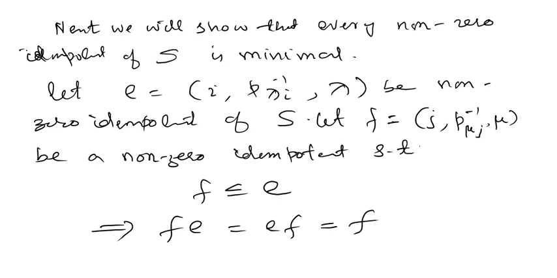Let's substitute the values of F and E in these two equations, and we'll see that F means it's J P mu J inverse mu. Okay.